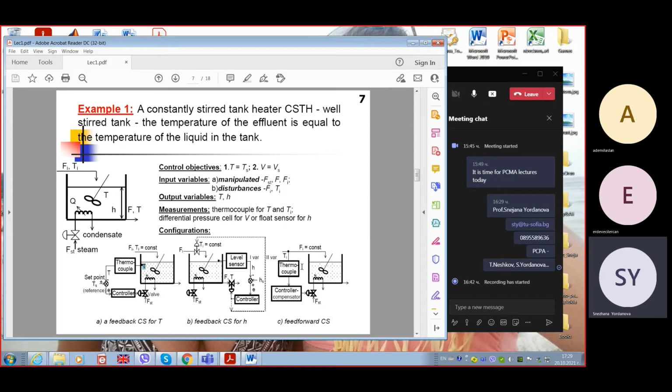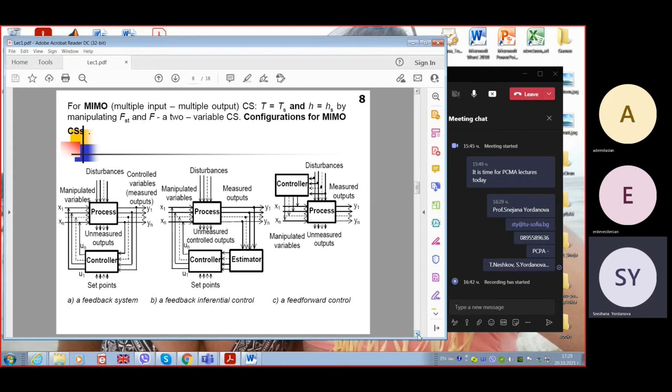So the overlaying of these two principles is a combined principle, combining feedback in a closed loop with feed-forward compensation of disturbance.